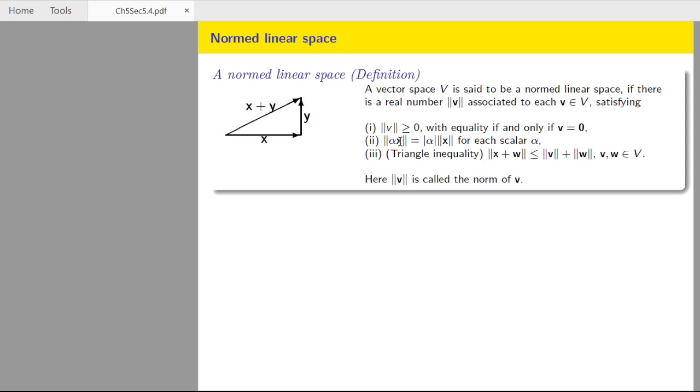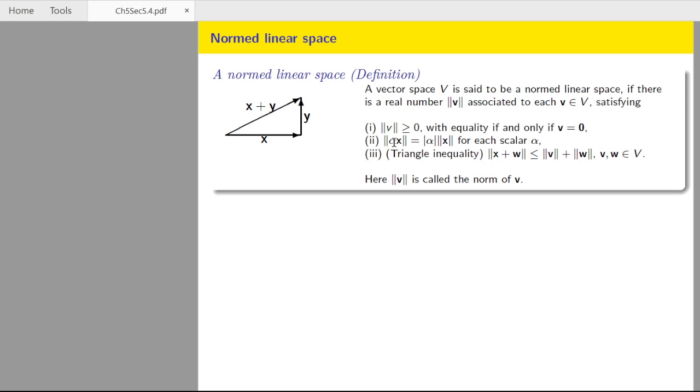The second property is that if we consider alpha times x, the norm of this vector equals the absolute value of alpha times the norm of x. This is for all scalars alpha. Now here we have to be careful. This sounds like we can move the scalar alpha to the front of the norm.